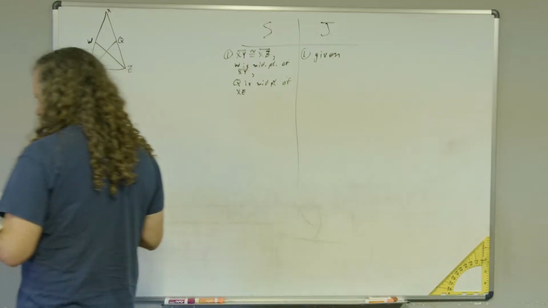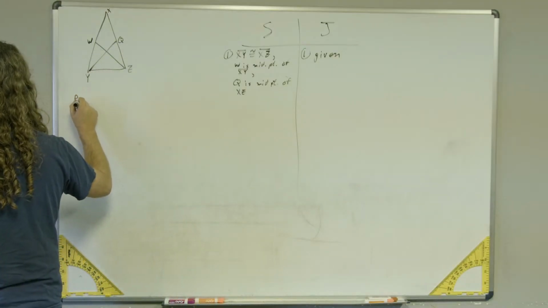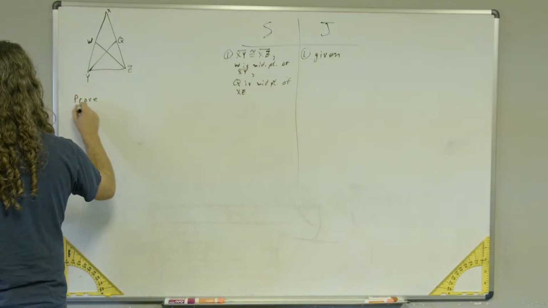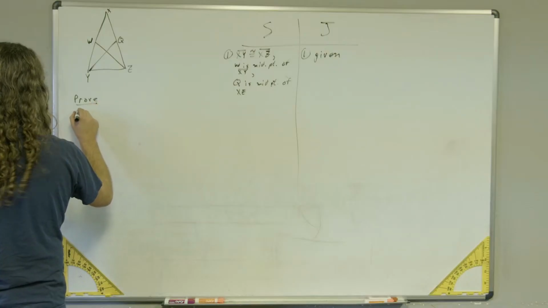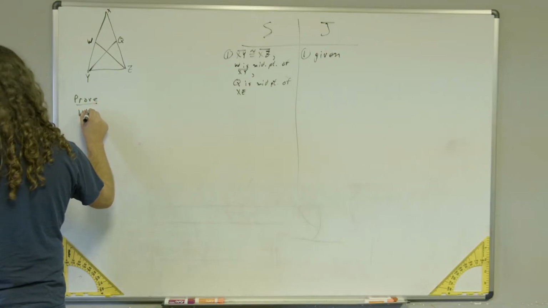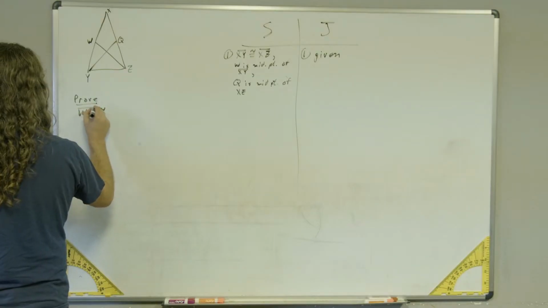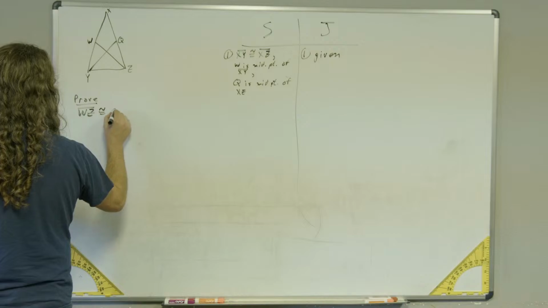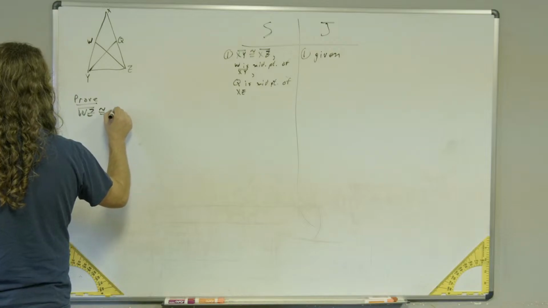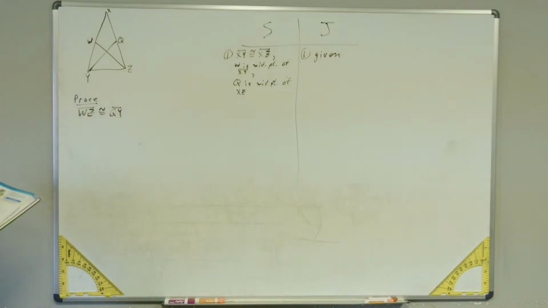And we're supposed to prove that WZ is congruent to QY. All right?